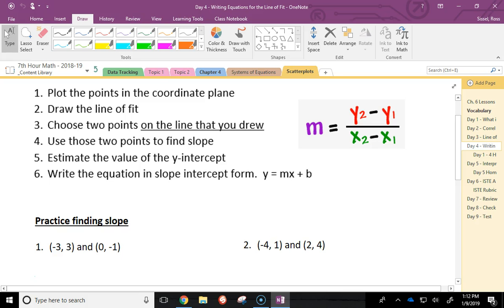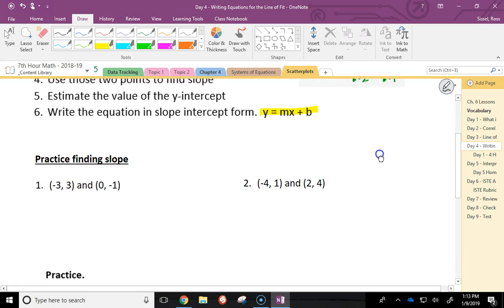Not 2 points that are on the graph somewhere, but 2 points that are exactly on that line that you can identify. You're going to use those 2 points to find your slope. You're going to find out what your slope is. Then we're going to estimate our y-intercept, which is going to be pretty simple. And then we write our equation in slope-intercept form that we did last semester. Y equals mx plus b.